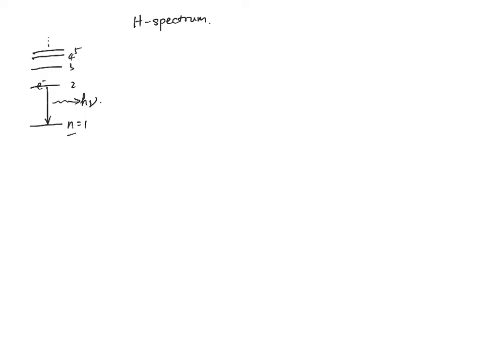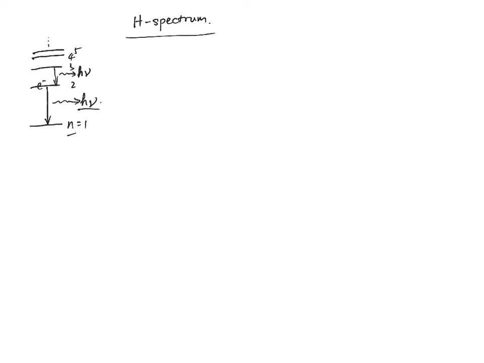This is a specific frequency and wavelength. If it jumps from here to here, that's going to be another specific wavelength and frequency. Each of them represents a line within the hydrogen spectrum. So you have lots of lines, and that's how the hydrogen spectrum is.